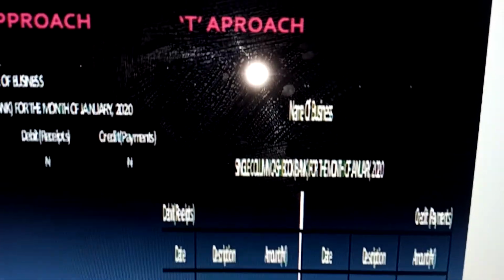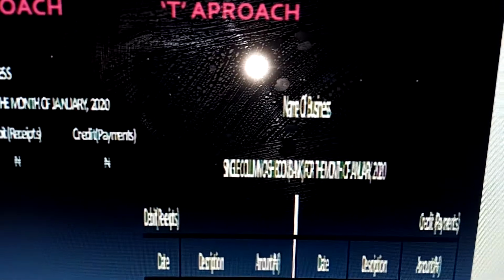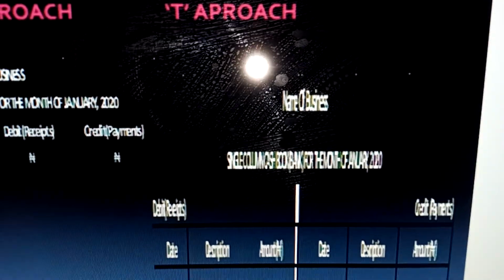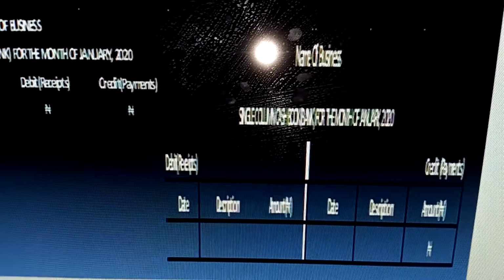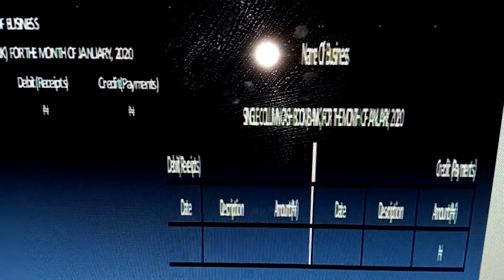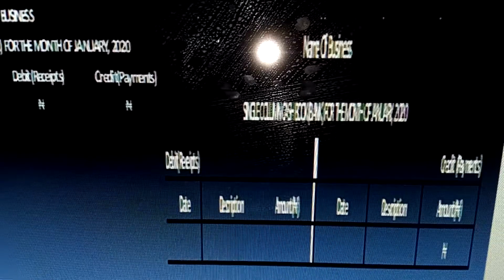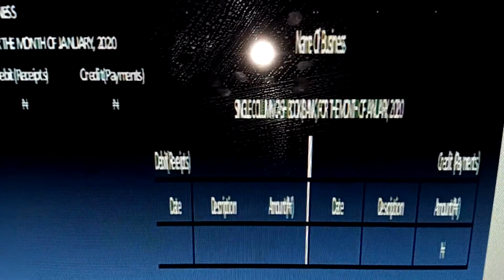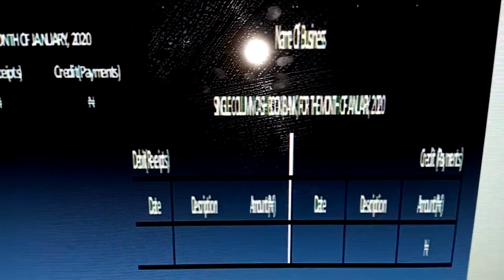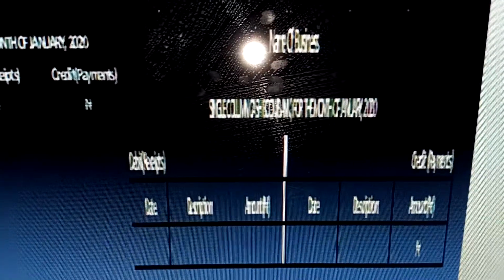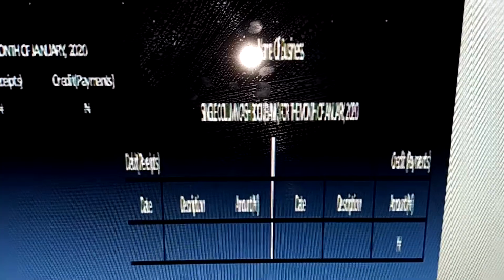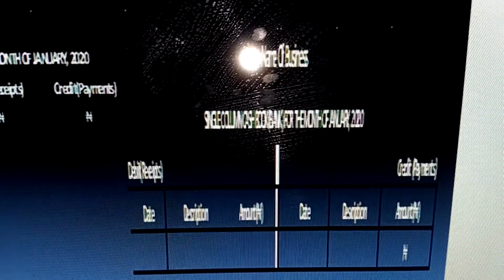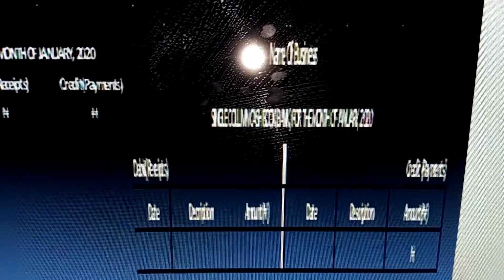While the T approach tries to create two sides, a left side and a right side. The left side being the debit side, showing the date, description, and the amount of cash receipts, and the right side being the credit side, showing the date, description, and the amount of cash paid.